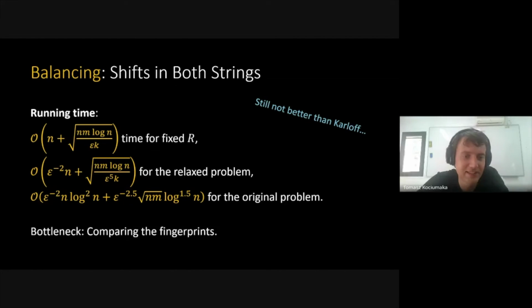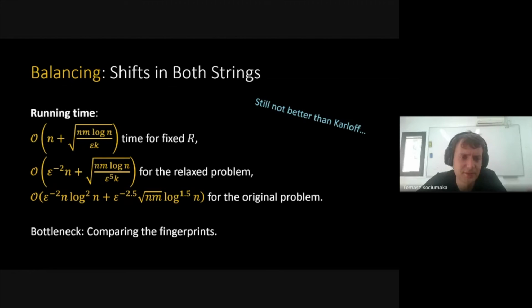But now our bottleneck is very simple. Namely, the only thing that dominates the running time and gives rise to the first term is that we had to compare all those fingerprints for every offset, for every iteration due to boosting probability, and for every level k.